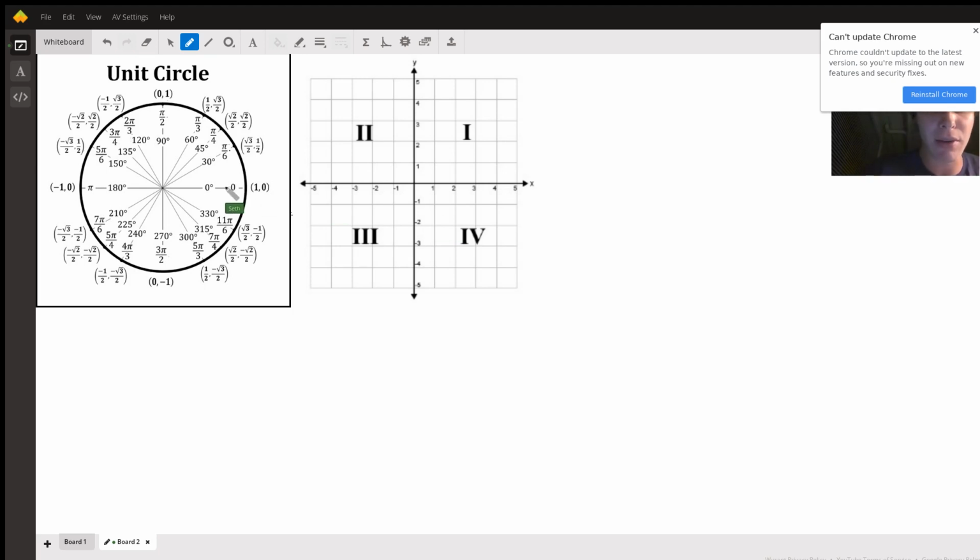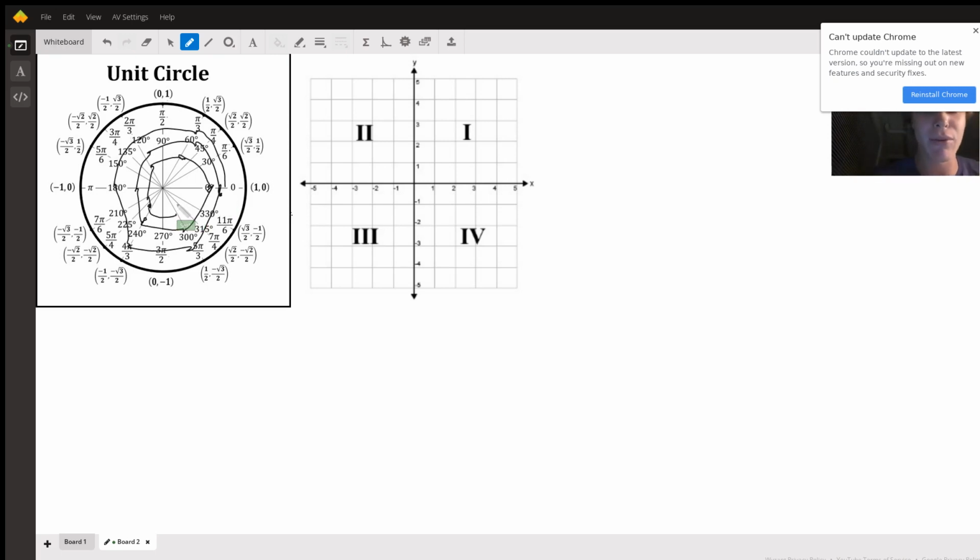So if we just go to 1 pi thirds, 2 pi thirds, 3 pi thirds, 4 pi thirds, 5 pi thirds, 6 pi thirds, which is equivalent to 2 pi, 7 pi thirds, 8 pi thirds, 9 pi thirds, 10 pi thirds, 11 pi thirds, 12 pi thirds, 13 pi thirds, 14 pi thirds, 15 pi thirds, and then 16 pi thirds.